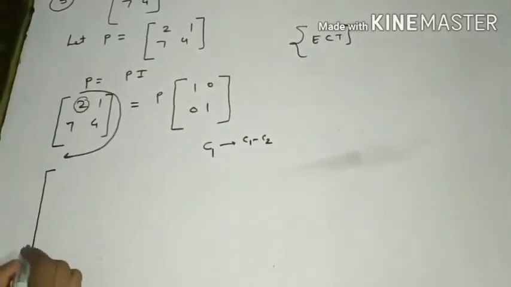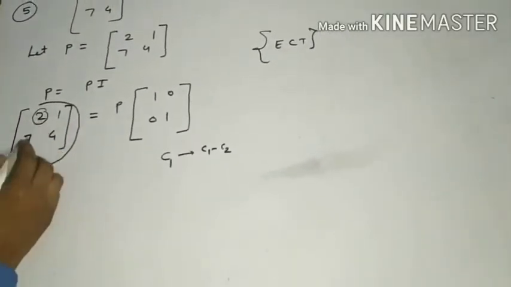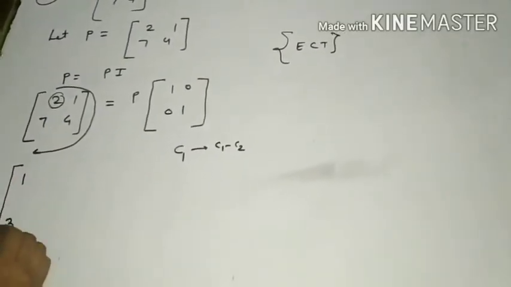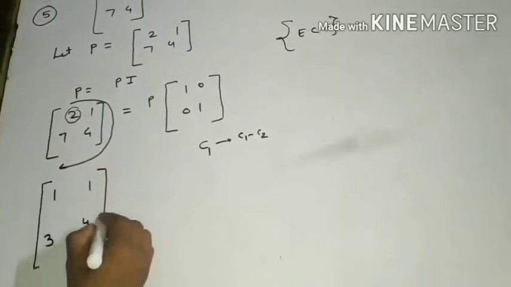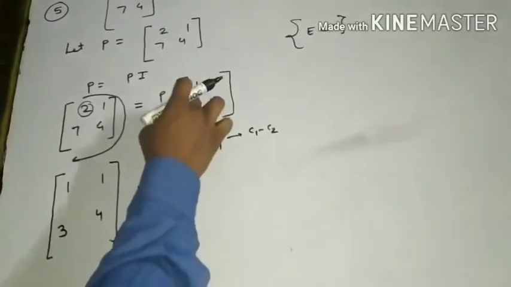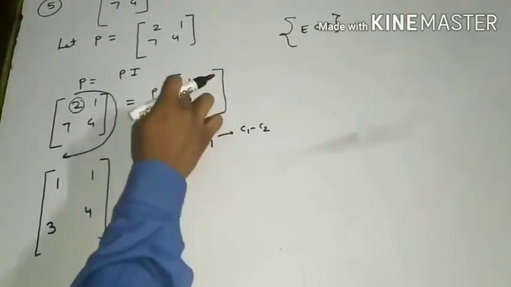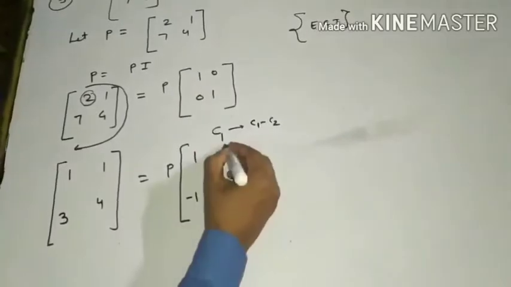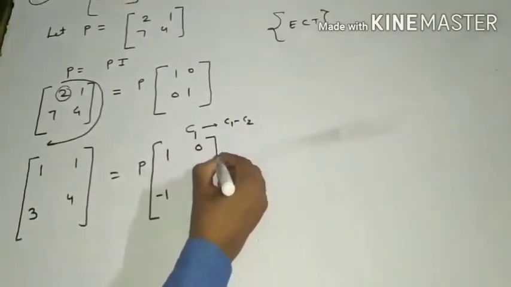So here this is 2 minus 1, which is 1, and then 7 minus 4 we will get 3, and here 1, this is 4. Again this is P. Then here also when you apply this, 1 minus 0 is 1 and 0 minus 1 is minus 1, and here 0 and 1.